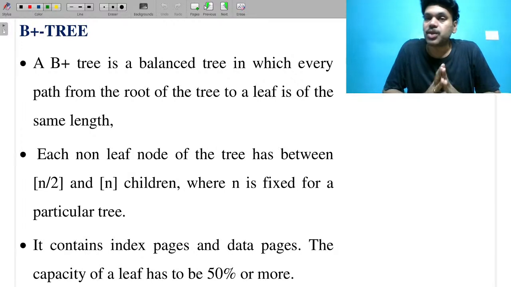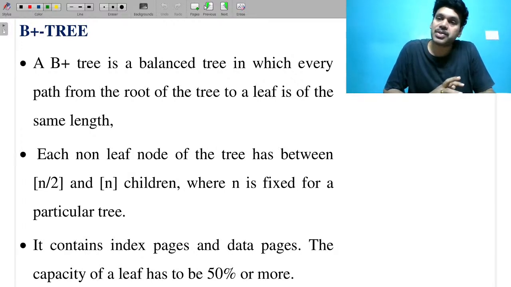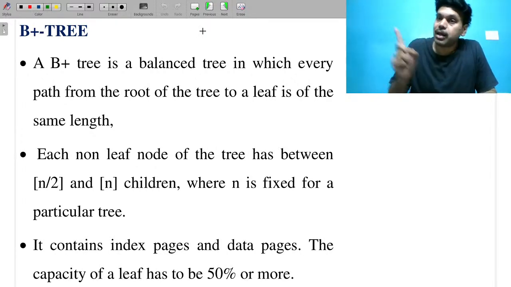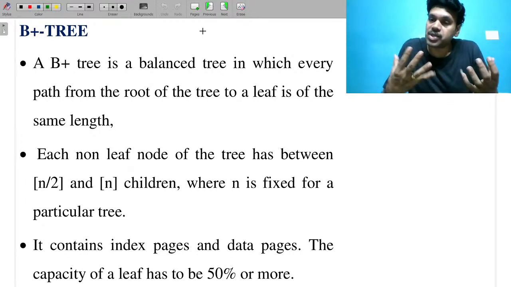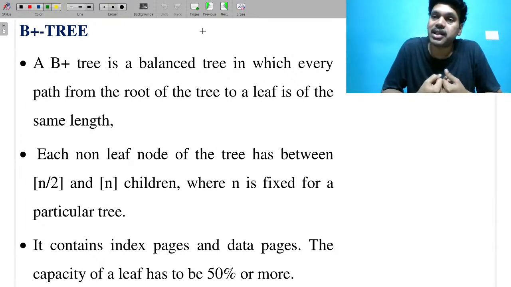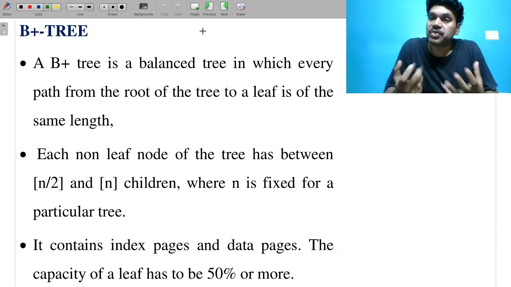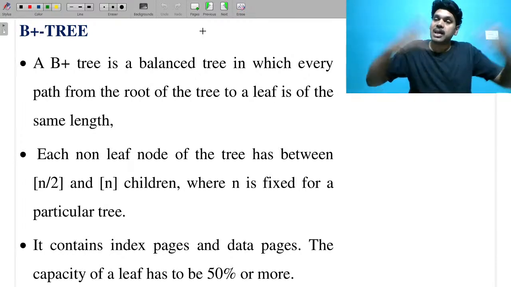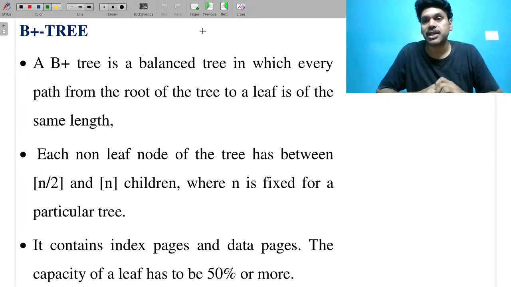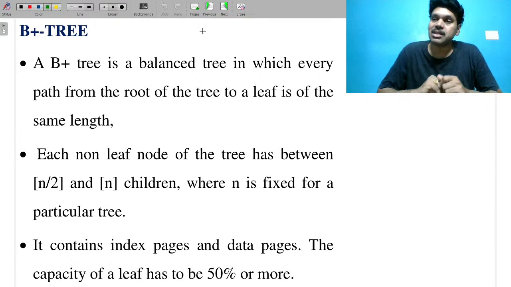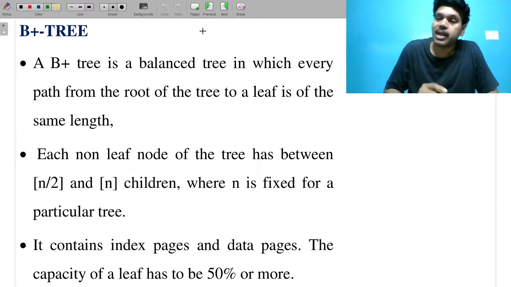If anybody asks you the difference between B tree and B plus tree: in a B tree record pointers are available at all the levels of the tree, but in a B plus tree record pointers are available only at the leaf node, because the leaf node is the one which gets the data from your data file. So the leaf node consists of record pointers. The rest of your tree consists only of block pointers and keys. So only the leaf node is involved in real time to pull your data from your data file. My dear friends, this is the difference between B plus tree and B tree.